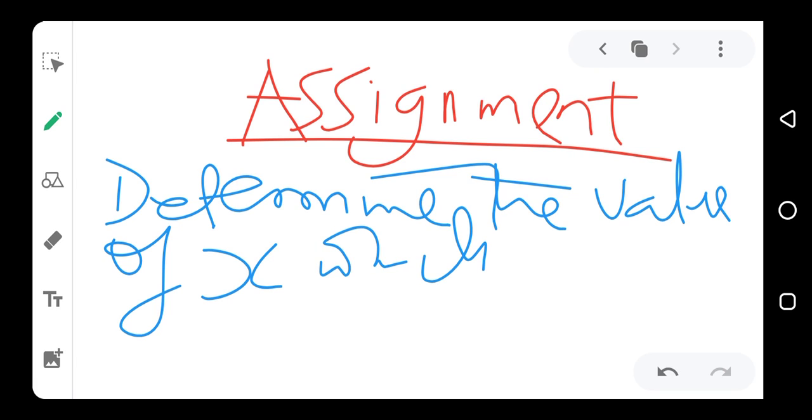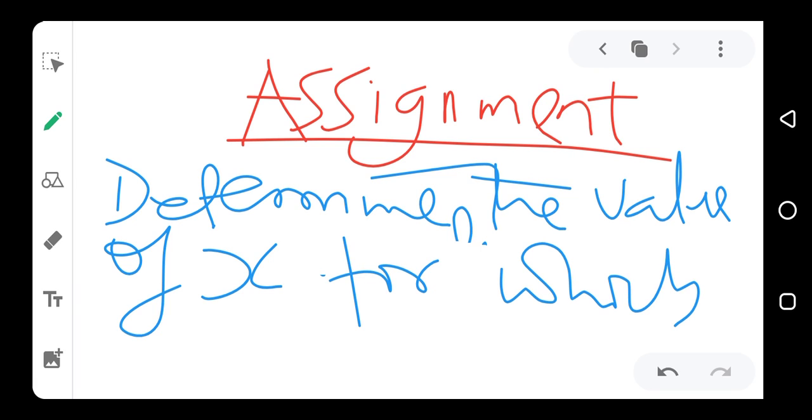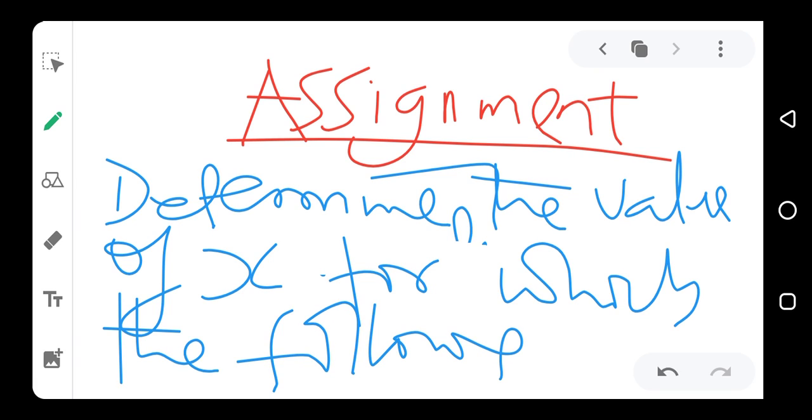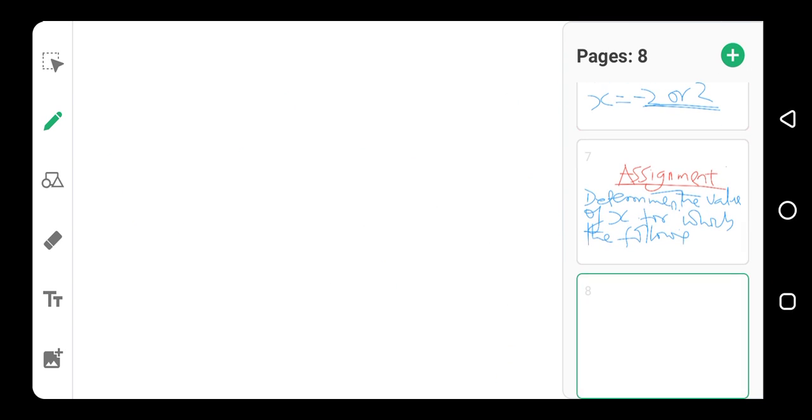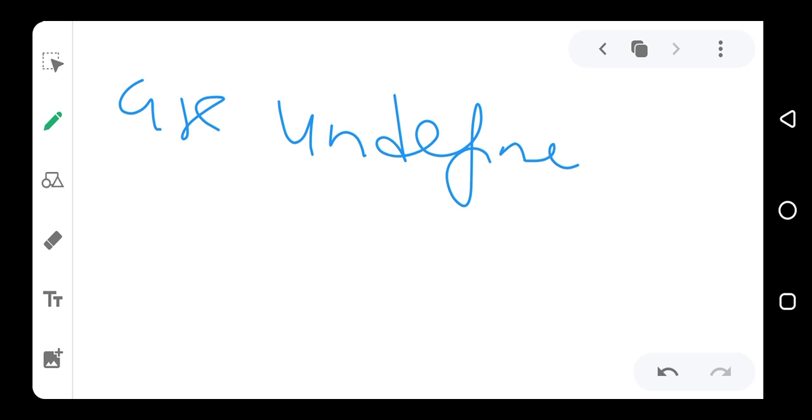They can say undefined or say not defined. It is the same thing.